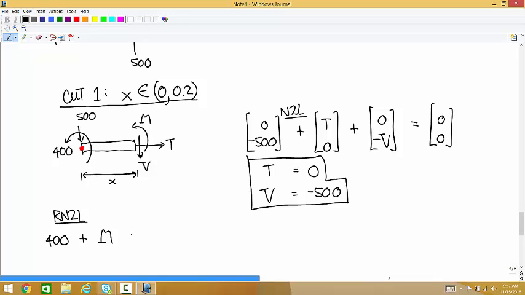That's clockwise, so minus Vx. So M is equal to Vx minus 400. We already know what V is. So M is equal to negative 500x minus 400.